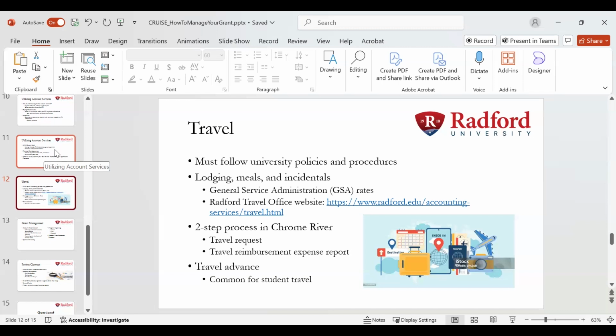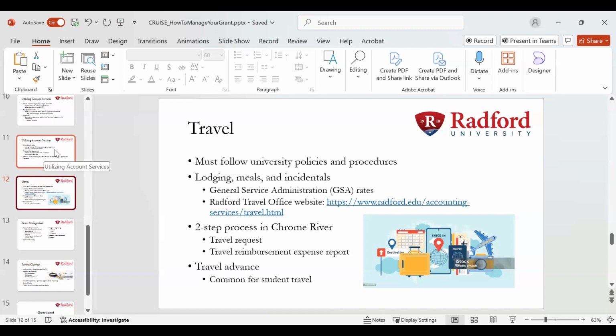Wanted to talk about travel again. Redundant here, but follow policies and procedures with travel, and what that means is going through Chrome River, right? So meals, incidentals, and all that can certainly be charged on grants.